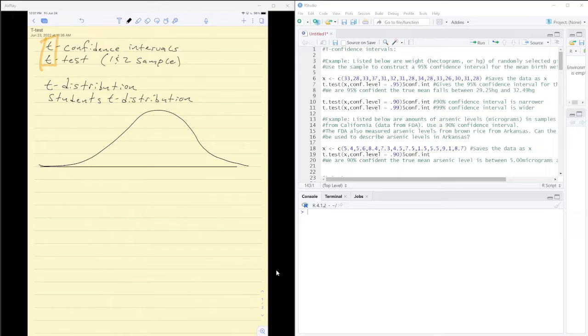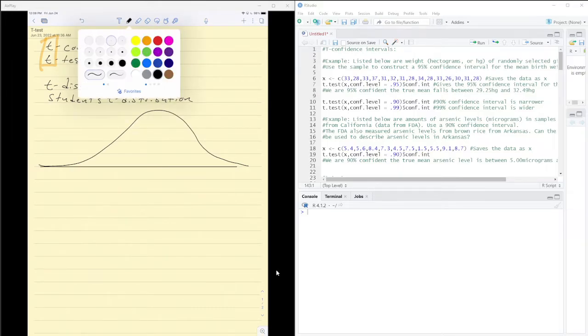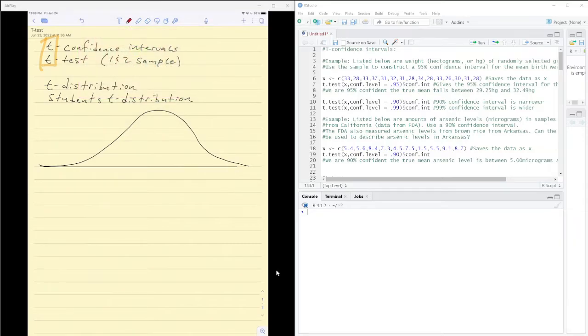The difference being is that the T distribution changes its shape according to your sample size. So as the size of your sample gets larger and larger, your T distribution becomes closer and closer to a normal distribution. So if this here was a normal distribution, then something a T distribution could look like is maybe something like this.